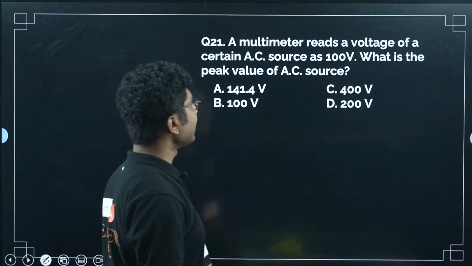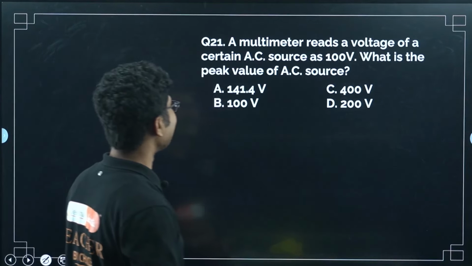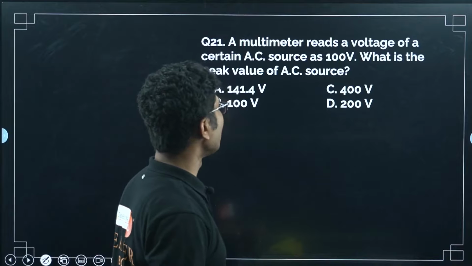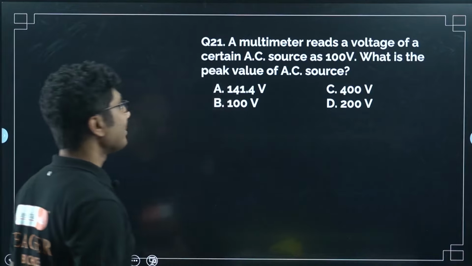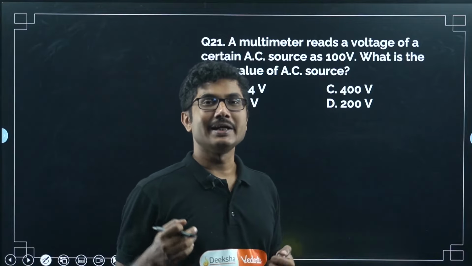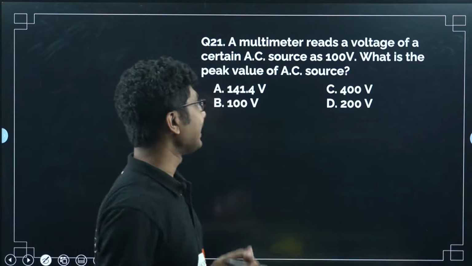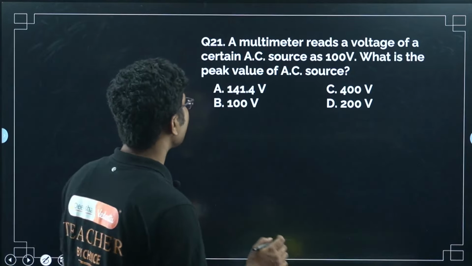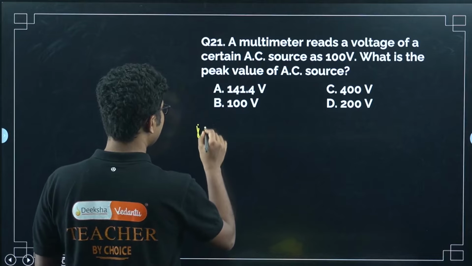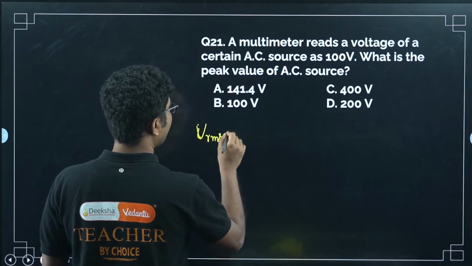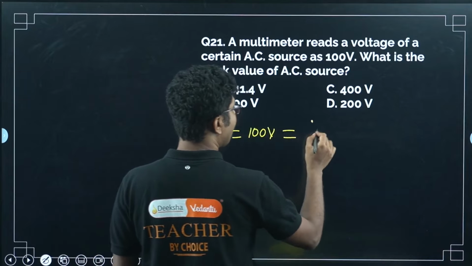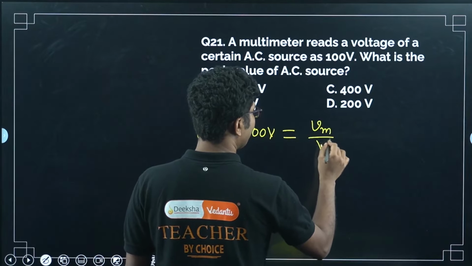21. A multimeter reads a voltage of a certain AC source as 100 volts. What is the peak value of the AC source? Now we know that a multimeter or any AC meter, whenever they are reading, they can only read the RMS value. So V RMS is 100 volts, that is peak value divided by √2.